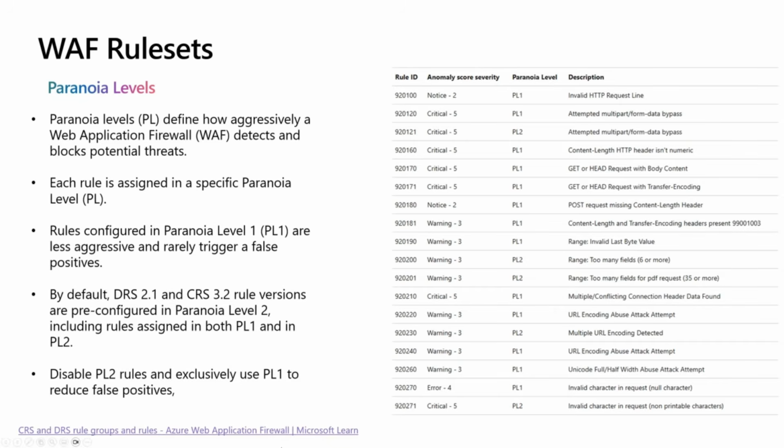And just to conclude on this section, this table and information is also available publicly in our documentation, so you can identify the rules with their corresponding anomaly scores and paranoia levels.